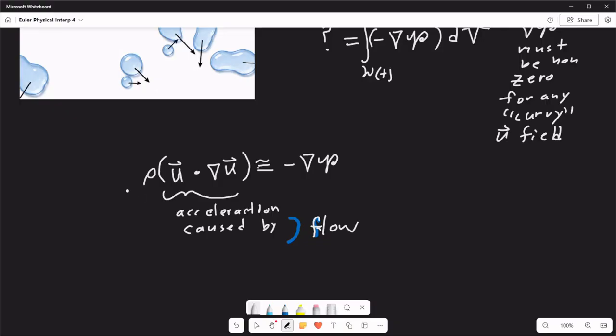And this is basically the mass, and this is going to be the force that basically balances everything out.